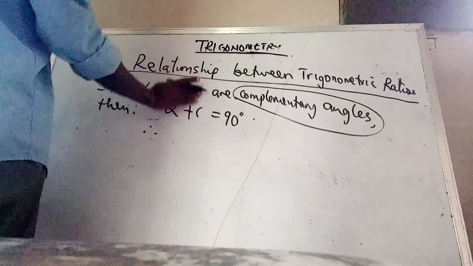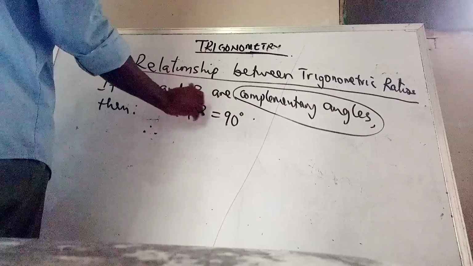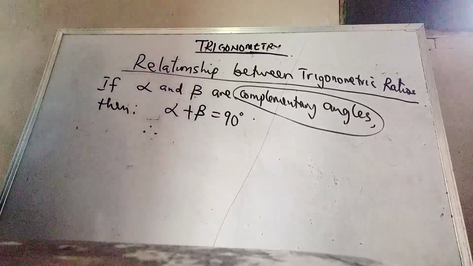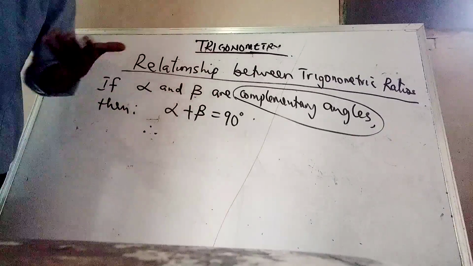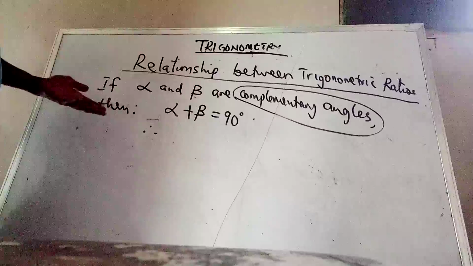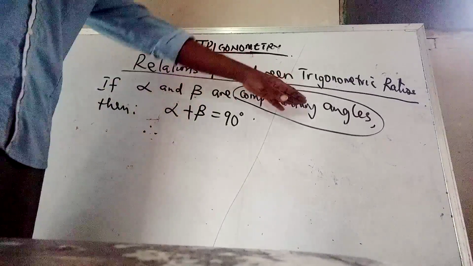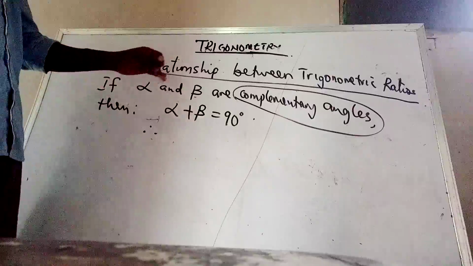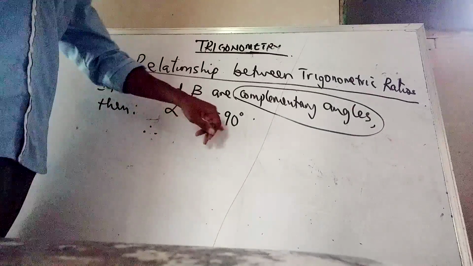Okay, let me use alpha and beta. I can use any symbol, please don't be confused about that. If alpha and beta are complementary angles, it means that the addition of alpha and beta will give me 90 degrees.